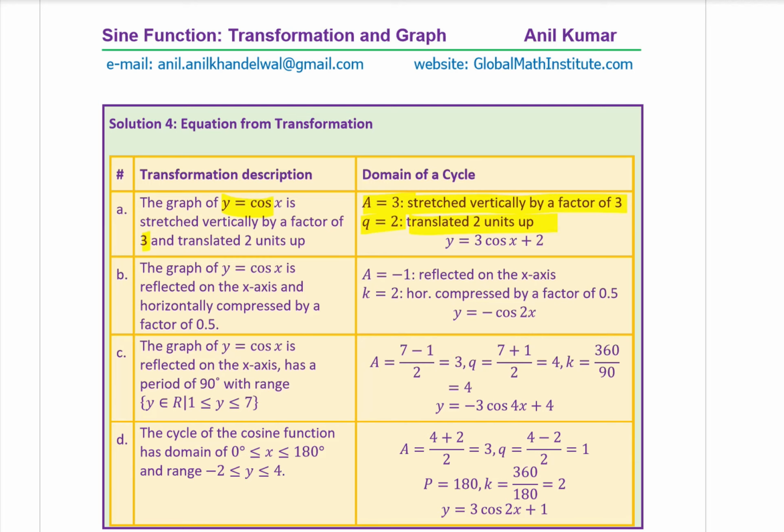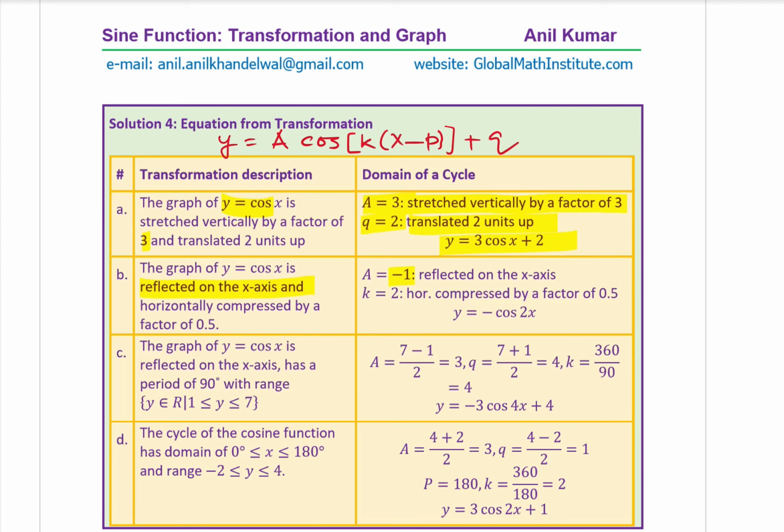Substituting this in our general equation, which is y equals a cos of k x minus p plus q, right? So we can write the a and q values and write down a function which is y equals 3 cos x plus 2.